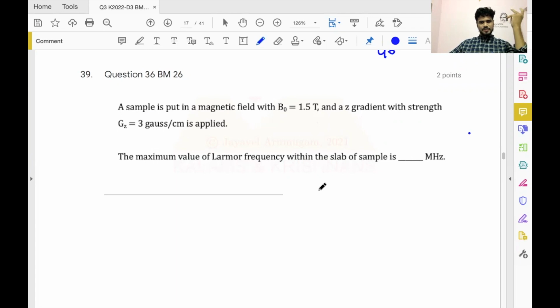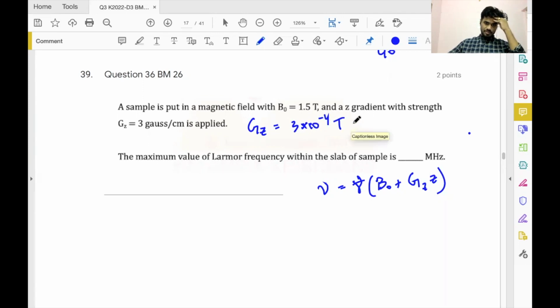So our mu is going to be gamma hash times B naught plus GZ times Z. Okay. So it's 3 Gauss per centimeter. So GZ is 3 into 10 power minus 4 Tesla per centimeter. And slab thickness is not given, that should be given technically. I suppose the slab thickness is not given, right?